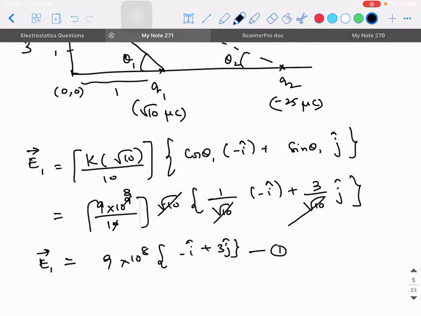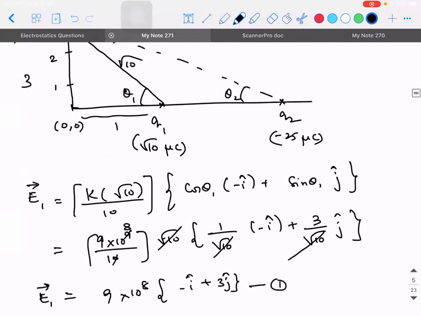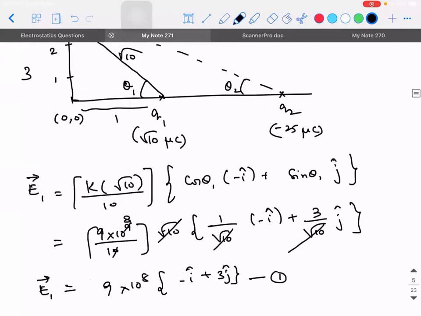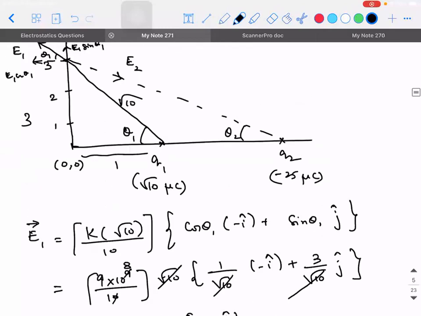Similarly, can you guys calculate the second one and tell me? What is E2, guys?